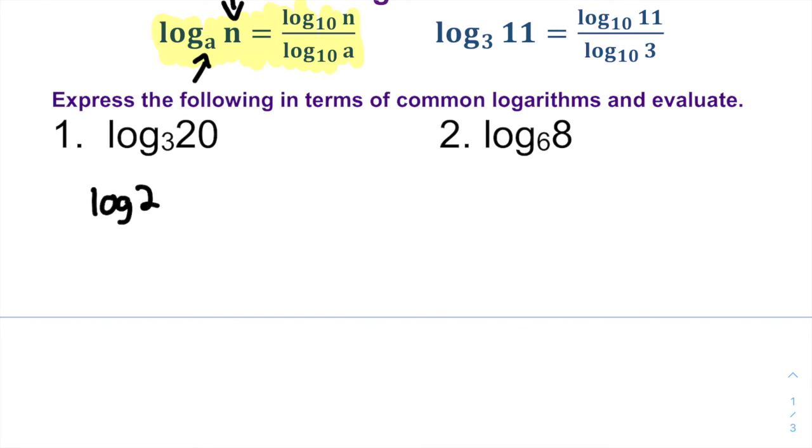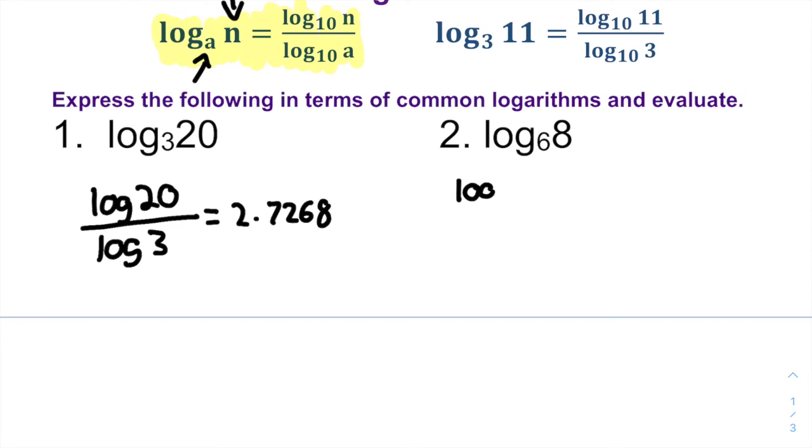This would be log base 10 of 20 divided by log base 10 of 3. Remember, you don't actually have to write the base of 10 when we have the base of 10. And we'll get our answer as 2.7268.